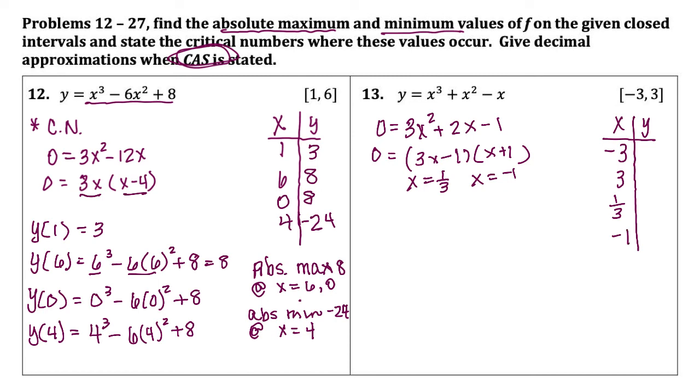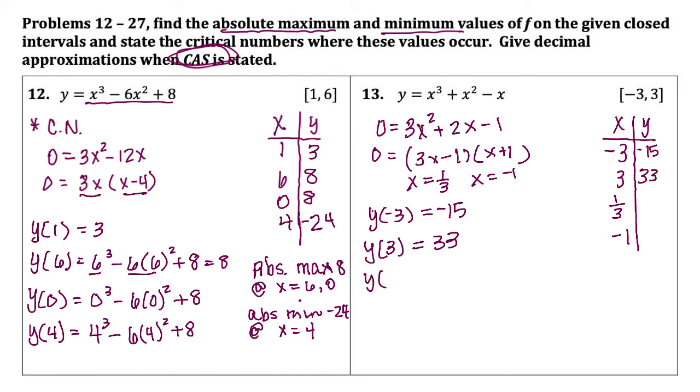So we need to evaluate these. So y at negative 3, type that into your calculator and you should get negative 15. Then you evaluate y at 3. Again, you can type that in your calculator. And y at 3 gives you 33. I bet that's an absolute max. What do y'all think?